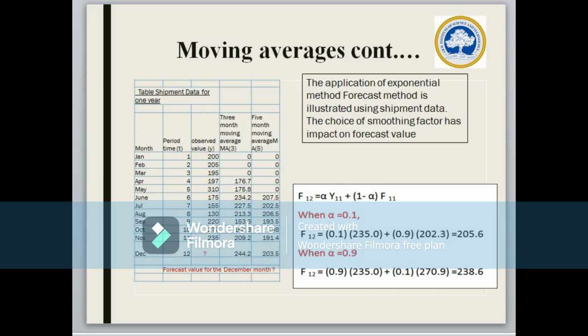If it is 0.1, that leads to 205.6, and if alpha is 0.9, it is 238.6. According to the smoothing factor, our forecast value differs. Either we can choose 205.6 or 238.6 as the forecasted value for the December month.